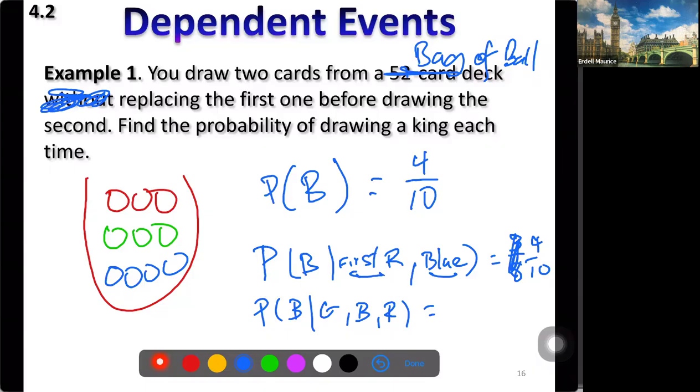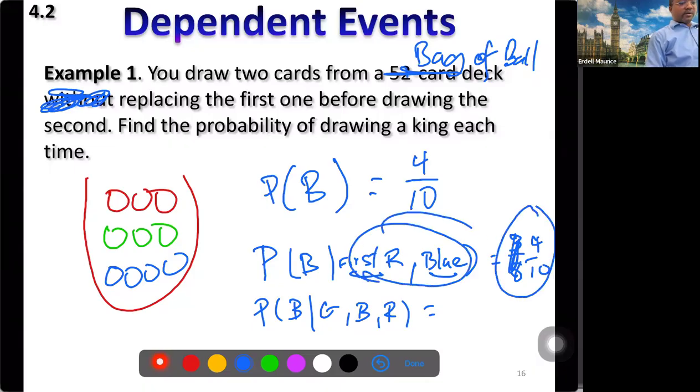Whenever we have this situation right here where the probability does not change, or these things are not changing the probability, we say these events are independent. The probability is not affected by other events. Questions there?